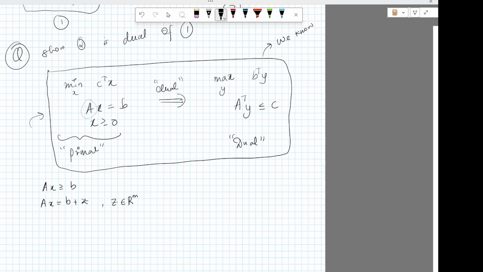So that means my A is in R^(m×n), b is in Rm, c is in Rn, and x is in Rn. So Ax minus z equal to b, where z is greater than 0. If it's greater than or equal to, I can add a positive vector to this.